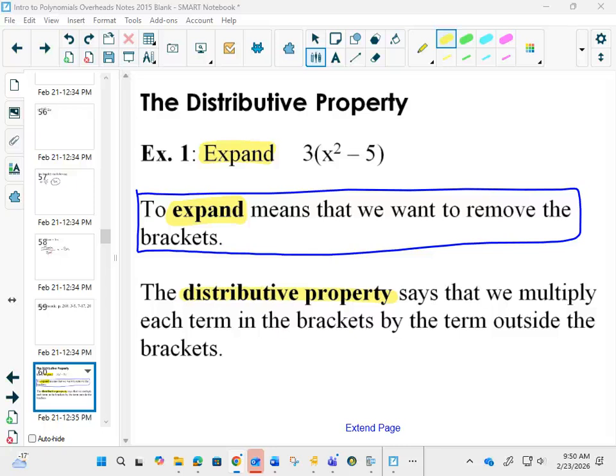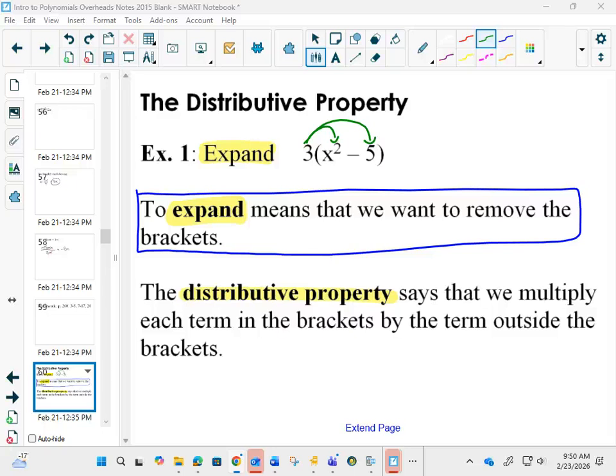What does that look like? Well, I often like to show the distributive property with a set of arrows, just like we did with the negative sign when we had brackets. Remember I drew the arrows on the negative side to say each of them changes sign as a way of remembering? I was kind of already doing the distributive property.